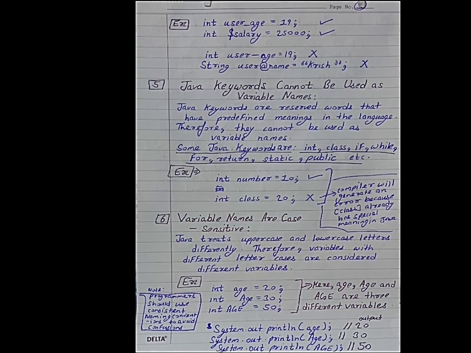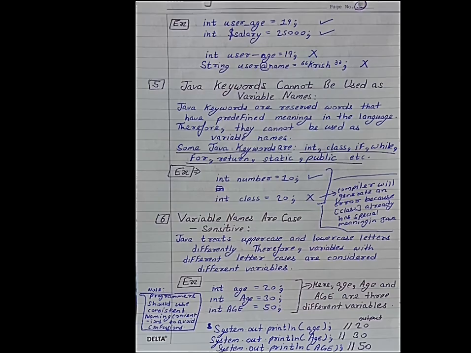Now the next rule is Java keywords cannot be used as variable names. These keywords are reserved words that have defined meanings in the language. Therefore, they cannot be used as variable names.